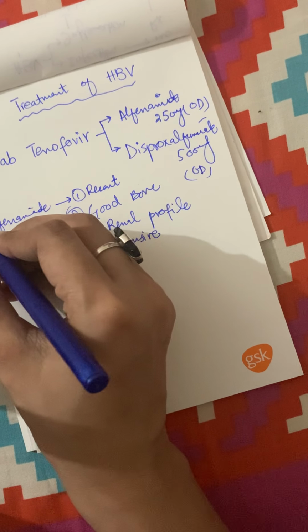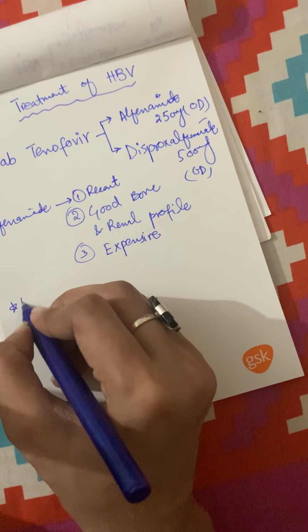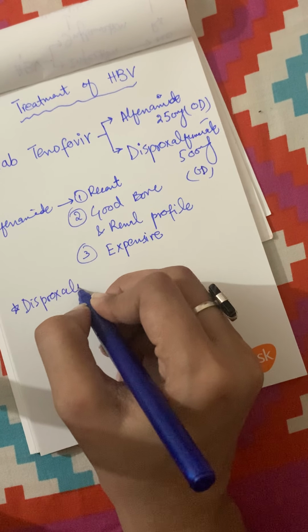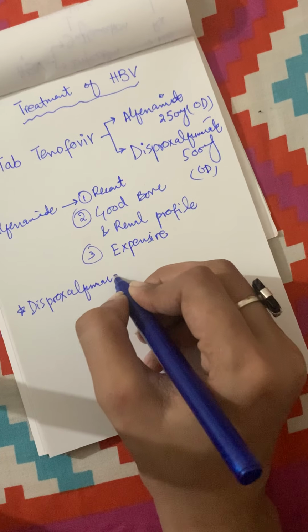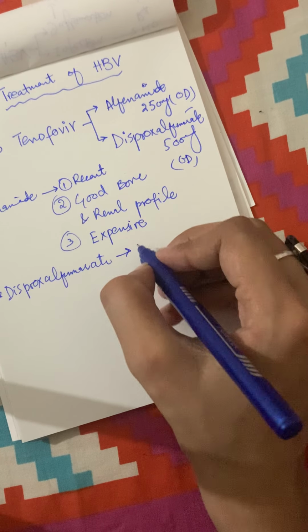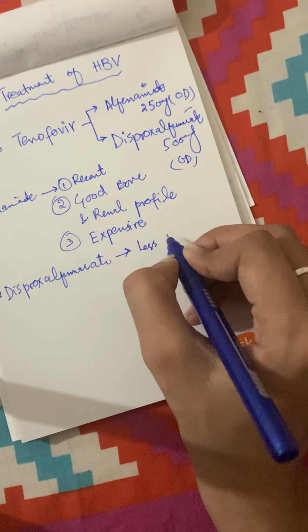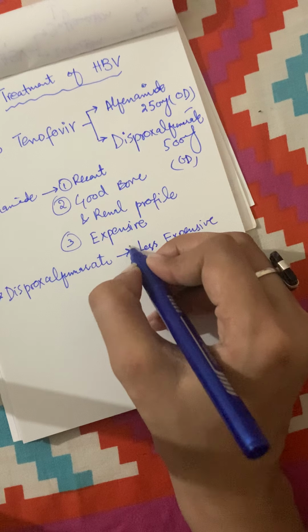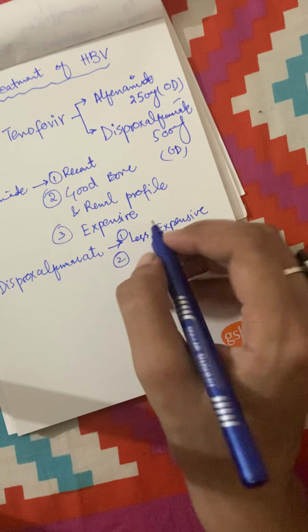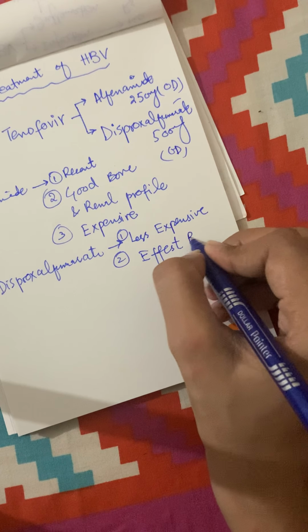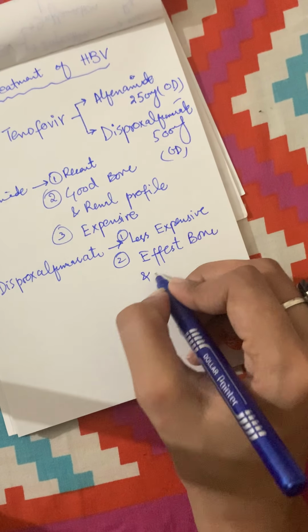And if we talk about disoproxil fumarate, it is less expensive, but it affects bone and kidneys.